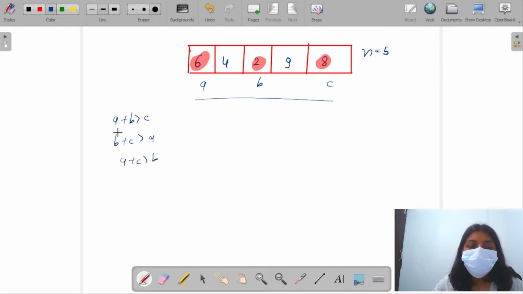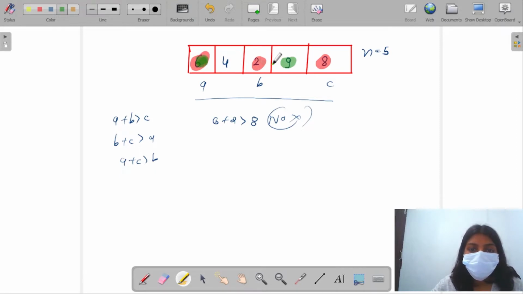So let's say, is 6 plus 2 strictly greater than 8 or not? No, so these three sides do not form any triangle. Now I select 6, 8 and 9.